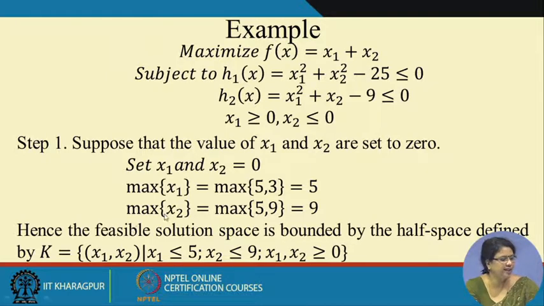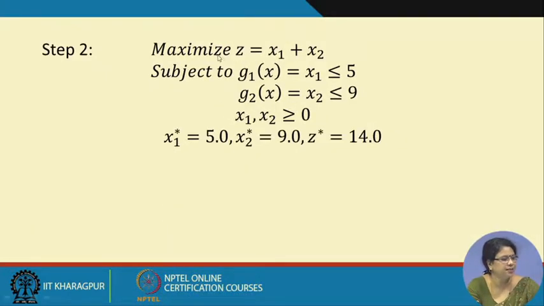Now, once we have that, we will solve this: minimization of z equals x1 plus x2 subject to x1 less than or equal to 5, x2 less than or equal to 9. We will get the solution 5.0, 9.0, and the objective function value will be 14. Once this is the optimal solution, we will consider it in the next iteration.